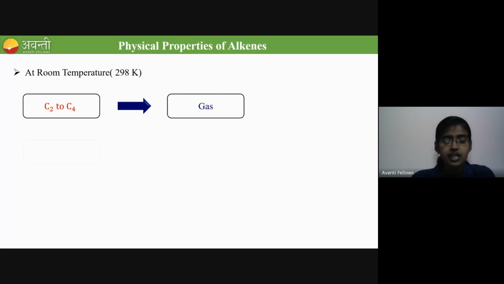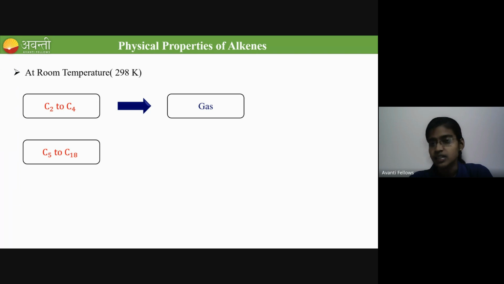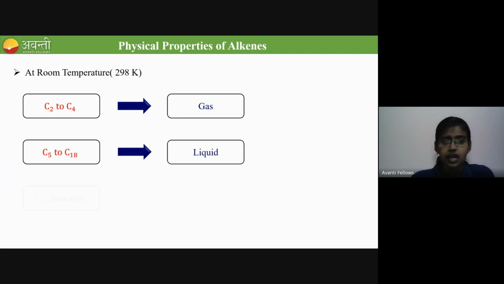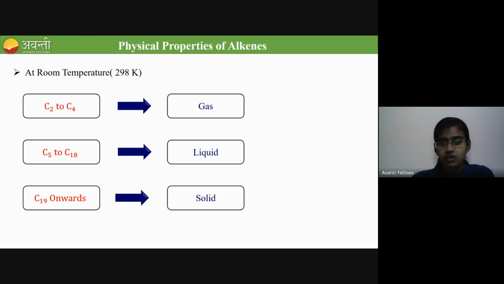Carbon number 5 till carbon number 18 are liquid, and carbon number 19 onwards are solid. This is the physical state of the alkenes, which is more or less the same as that of alkanes.